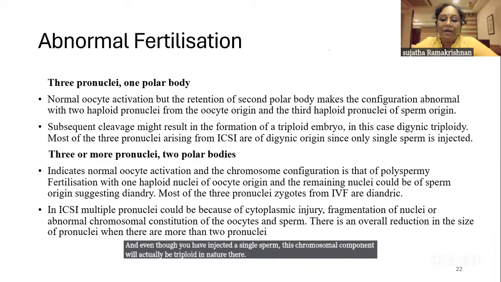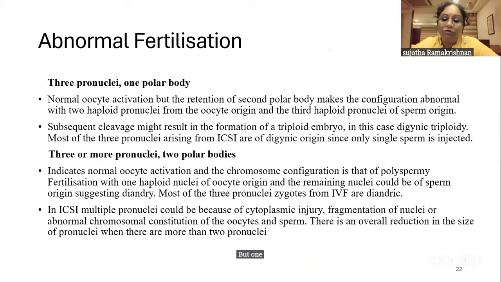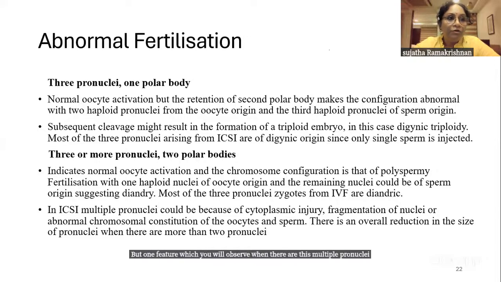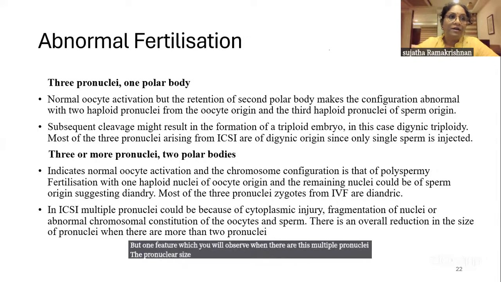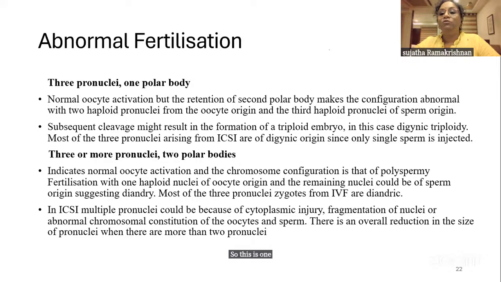Okay, but one feature which you will observe when there are multiple pronuclei is the pronuclear size would be much, much smaller. In some cases, I'm sure you would even see 4, 5 pronuclei. And here they would all be very tiny, like vacuoles. So this is one feature you will definitely observe.